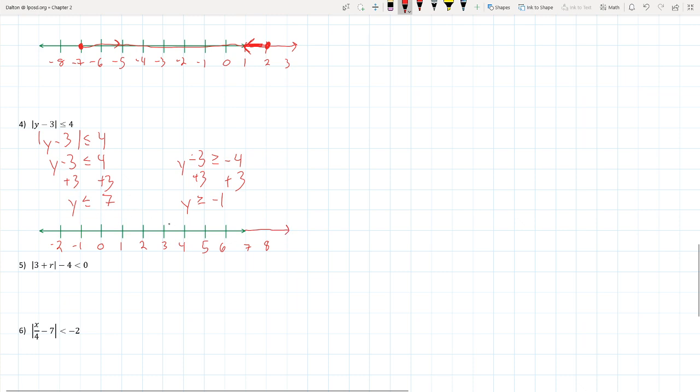Y is less than or equal to 7. So that fills in, it's a closed dot. A number that's less than 7 is 6, so I'm going towards the 6. Now I do the next one. Y is greater than or equal to -1. Again, closed dot. A number that's greater than -1 is 0, so I'm going this way, and they actually wind up meeting up.